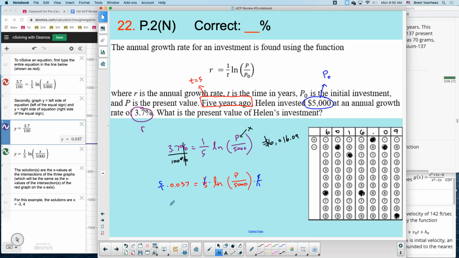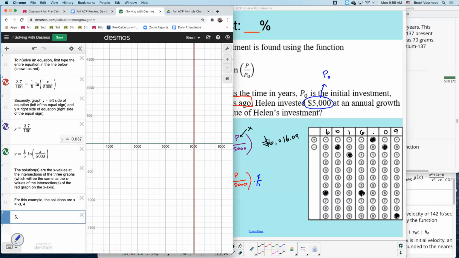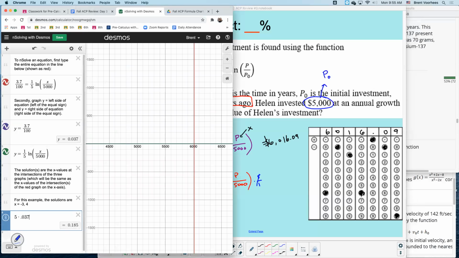I believe that's going to be 0.215, I think. Let's check that out. 5 times 0.037.